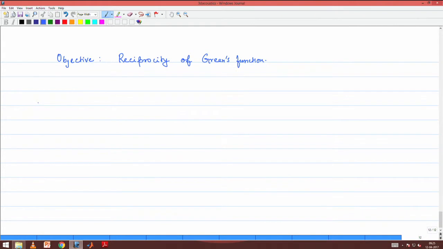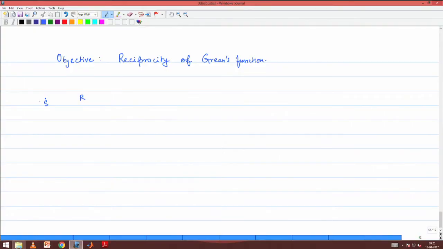So, what it says is that consider there is a certain source and there is a certain receiver. Green's function is after all the effect of the source on the receiver. That is, if you have a certain source at a certain point, then what is the reception at the point R. Now, if you flip the positions of the source and receiver, that means now you have the receiver here and the source there.